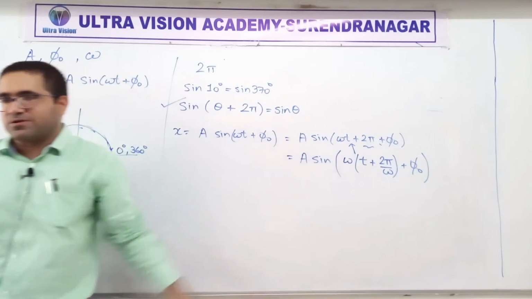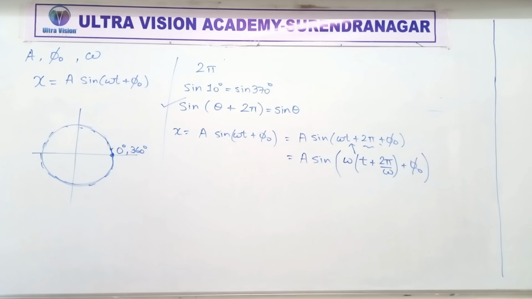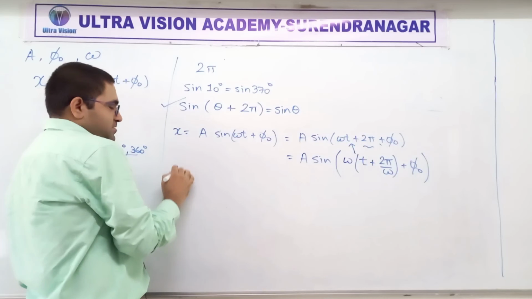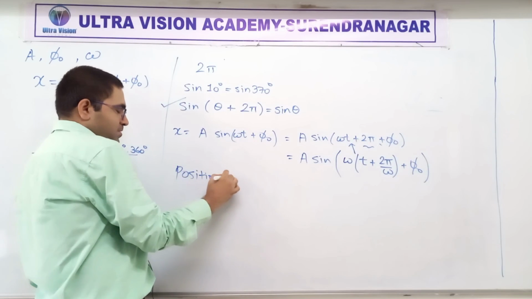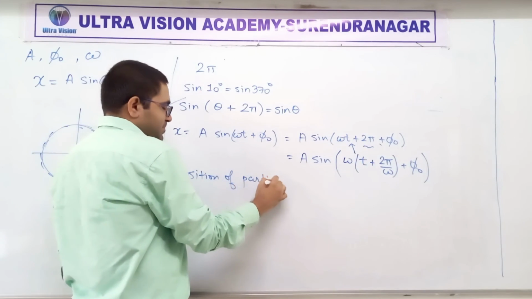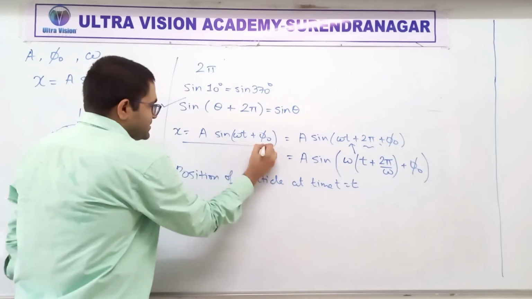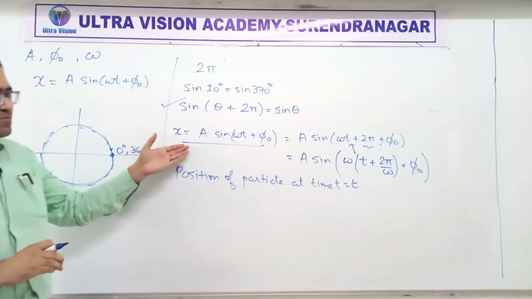Is this clear or not clear? Okay. So, what this means is the position of the particle at time t equal to t is this. Okay, that's what this equation is for.